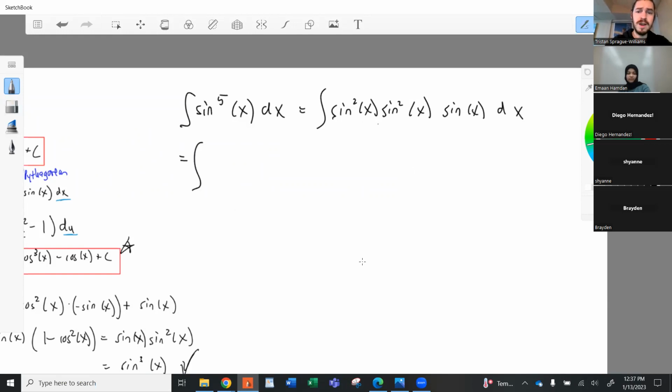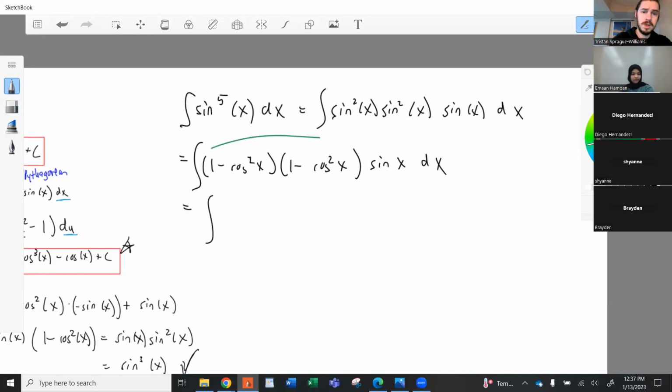And then each of those sine squareds, this time, instead of power reducing, we do Pythagorean, 1 minus cosine squared, 1 minus cosine squared, sine x. And then multiplying all this out, you get 1 minus 2 cosine squared plus cosine to the power 4.